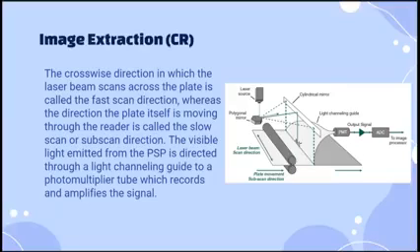The conversion of the phosphorescent light from the PSP plate into digital data is a two-step process that is accomplished by changing light into an electric signal and converting this into digital data that can be understood by the computer. So, two-step process: changing light produced by the electrons in the imaging plate, or the PSP plate, into an electronic signal, okay? And then the electronic signal will be converted into digital data which can be understood by the computer.